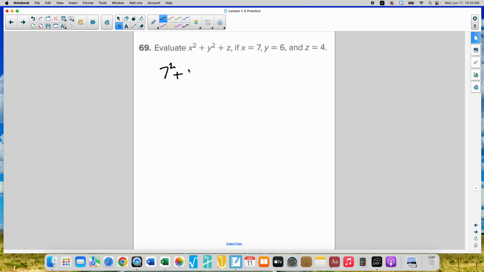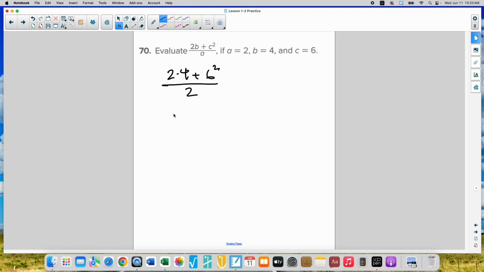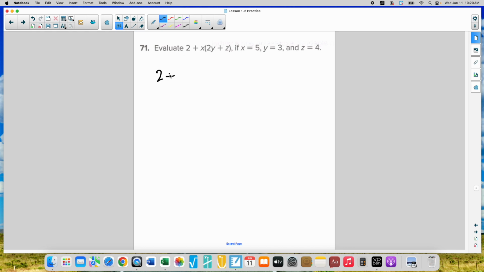7 squared plus 6 squared plus 4, which is 49 plus 36 plus 4. That's going to give us 85 plus 4, or 89. 2 times 4 plus 6 squared all over 2, which is 8 plus 36 over 2, which is 44 over 2, which is 22. 2 plus 5 times the quantity 2 times 3 plus 4.